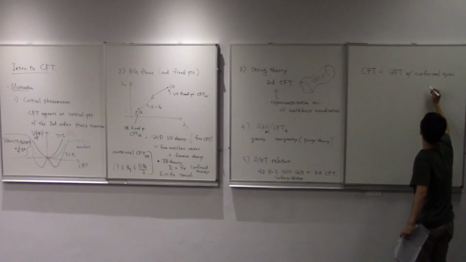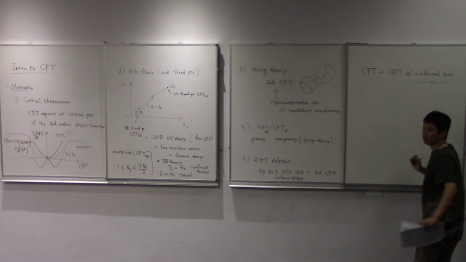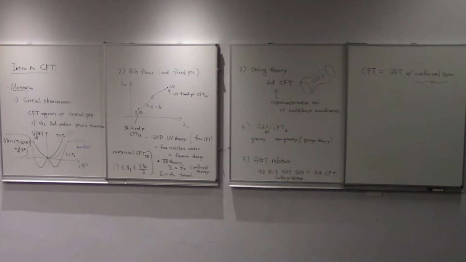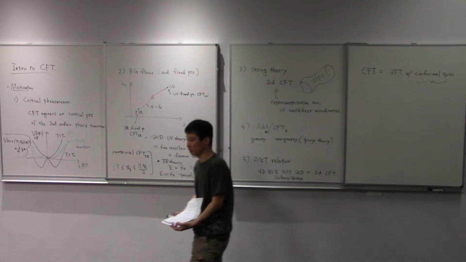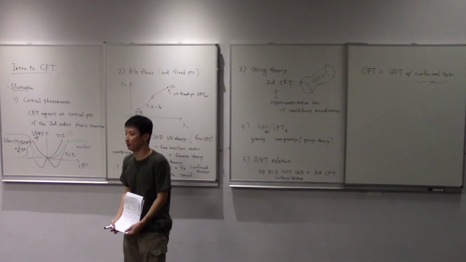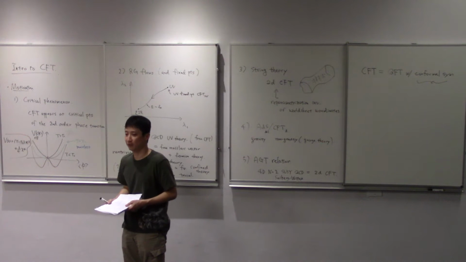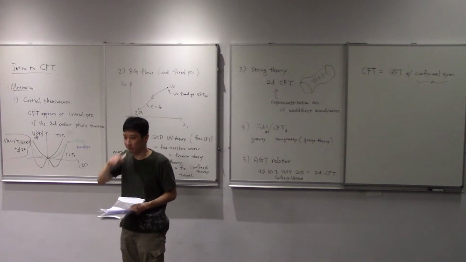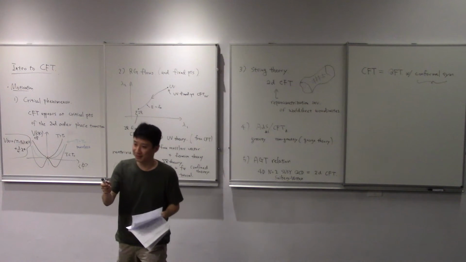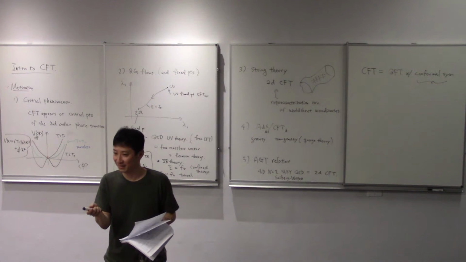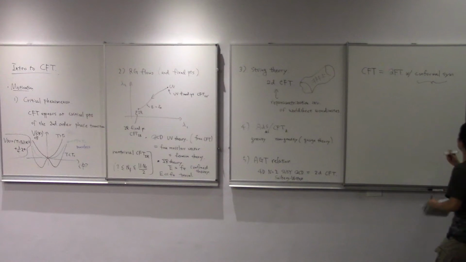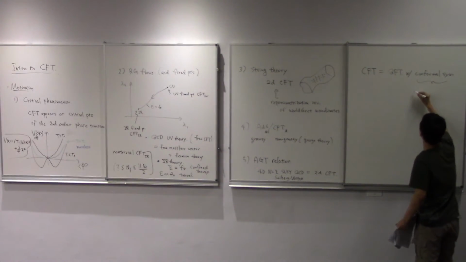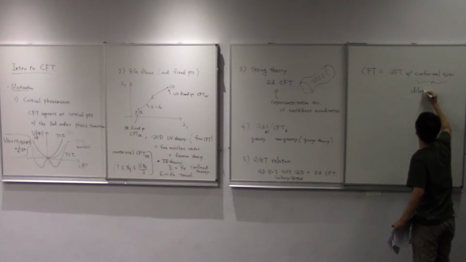Okay, so now this conformal symmetry, I think you know some part of it, right? Conformal symmetry includes, for example, what symmetry? Scale. Yes, scaling. So it's a dilatation. Common name is dilatation.